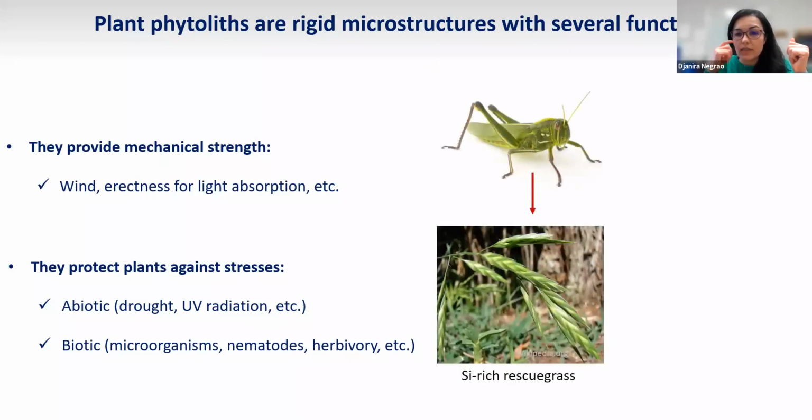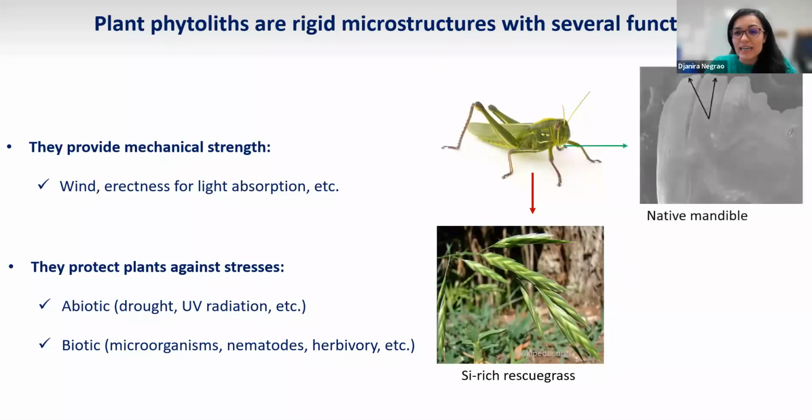herbivory. For example, this is a grasshopper. I think most of you know them, and they love grasses, right? And this is their native mandible, which is more or less like normal teeth.